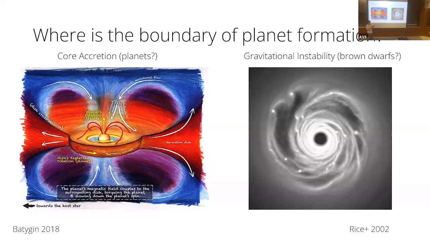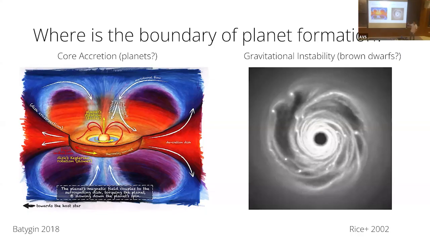You start from a very small thing, and then you slowly build your way up to this very large thing. We think that binary stars and possibly most brown dwarfs form through a different process, not through core accretion, but through gravitational instability, where you have a parcel of gas that's cold enough and dense enough that it's able to gravitationally collapse on itself and form, say, a brown dwarf orbiting a star.